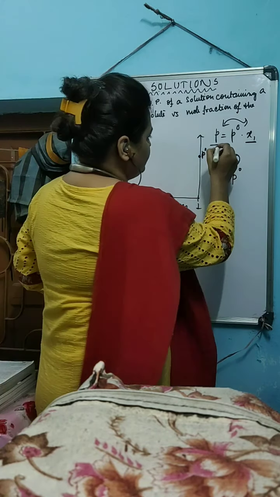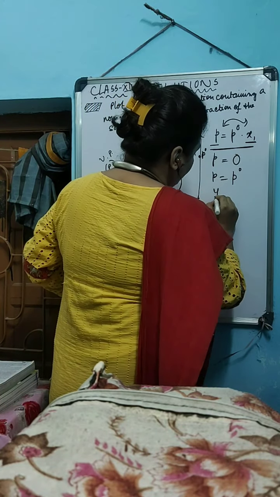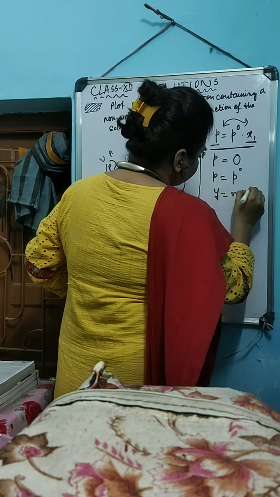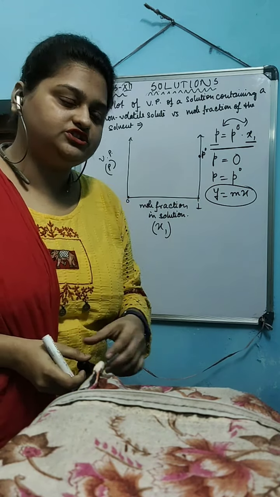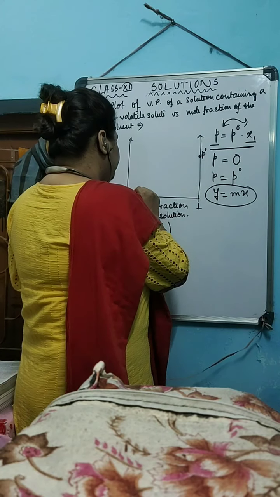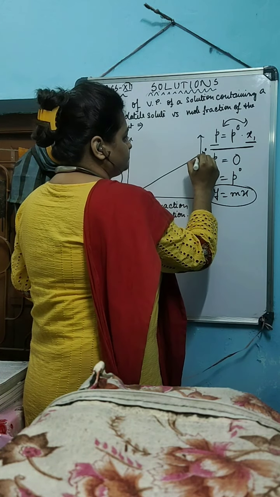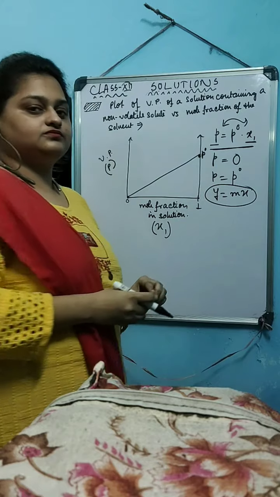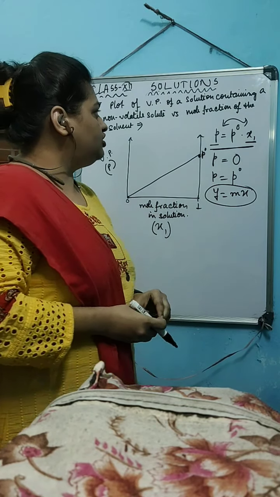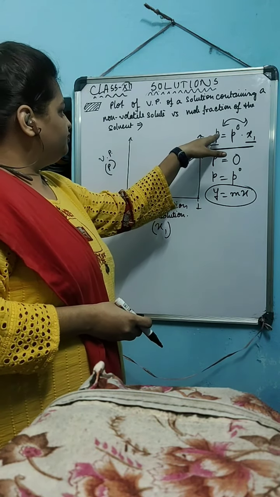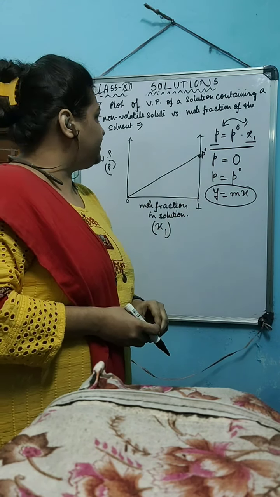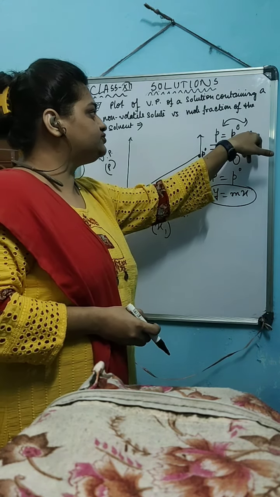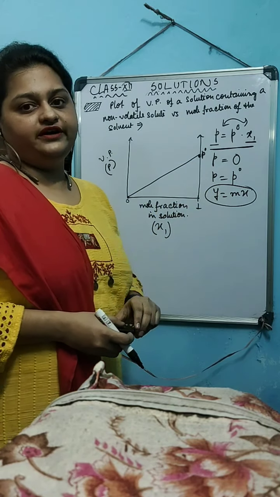Now this is nothing but a y equals mx curve, a straight line equation starting from the origin, which can be drawn like this. This is my plot for the vapor pressure of a solution containing a non-volatile solute against the mole fraction of the solvent.